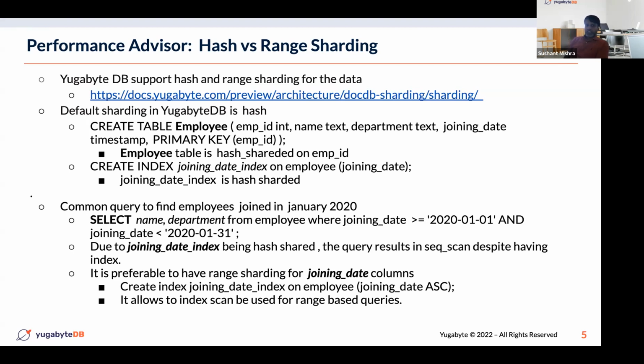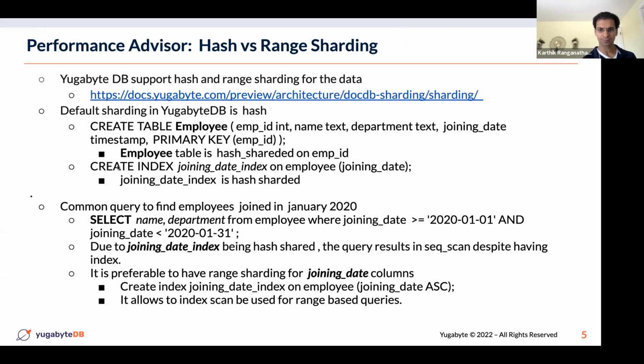Now, the default sharding type in YugabyteDB is hash. For example, I have created a table employee, and the primary key is on the employee ID. So this employee table is going to be hash sharded on the employee ID. Sorry for the typo, but yeah, it's hash sharded on the employee ID.